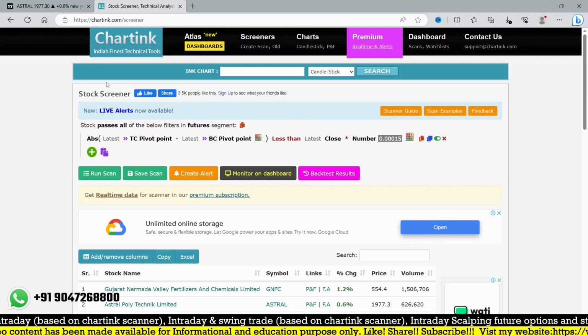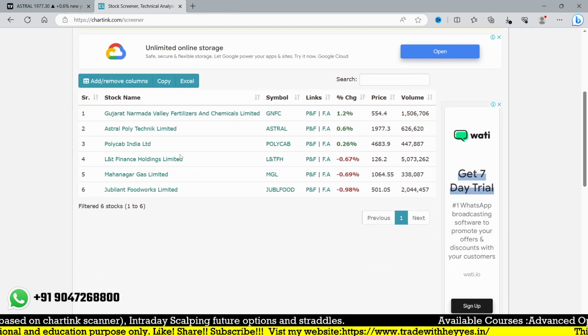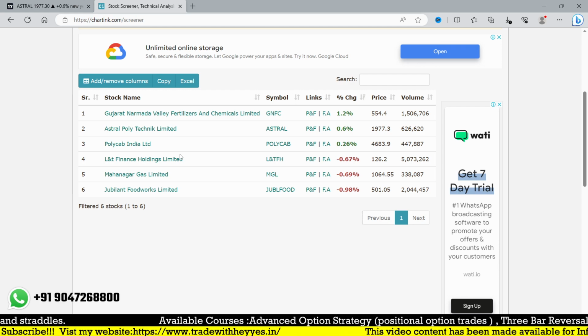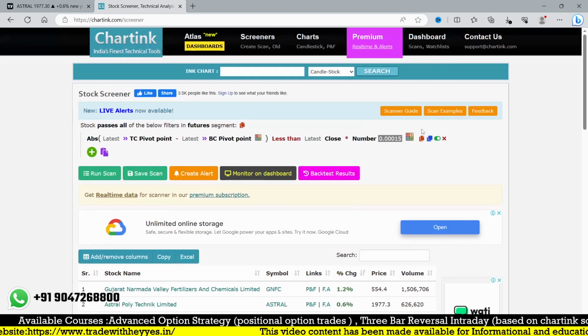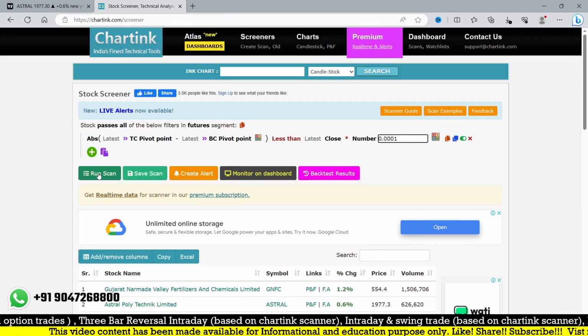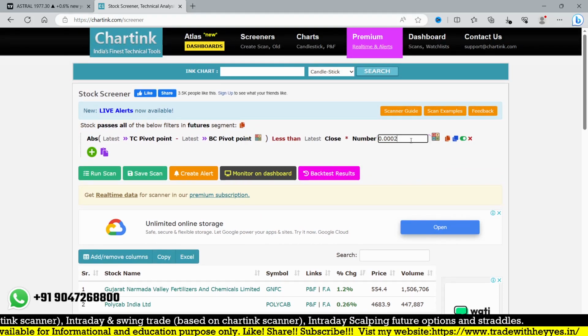Sometimes for the stock having TC and BC, that value should be changed. Okay, so how do I change the exact value? So 0.01, maybe we are going to get many stocks, sorry, 0.02, 0.002.